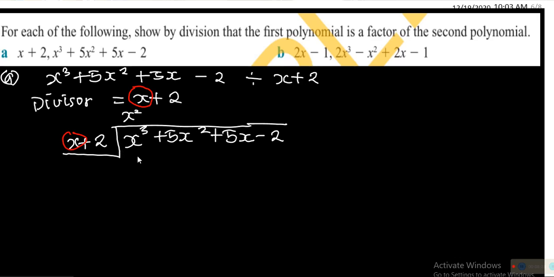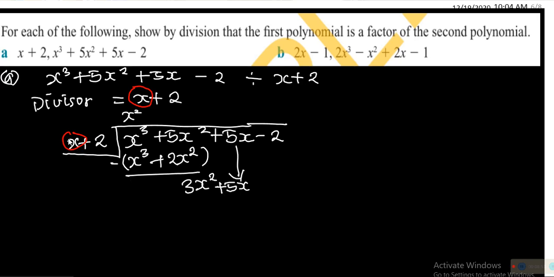If you multiply x squared times x, we have x cubed. Then 2 times x squared, we have 2x squared. By the time you subtract, x cubed minus x cubed gives you 0, and minus times plus is minus. 5x squared minus 2x squared gives 3x squared. Then you bring down plus 5x.